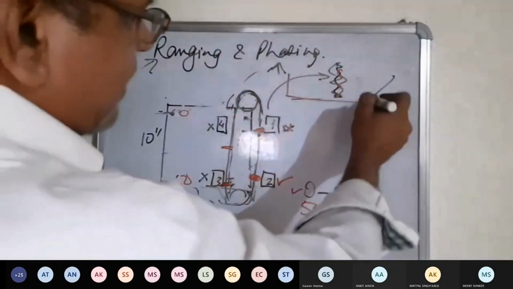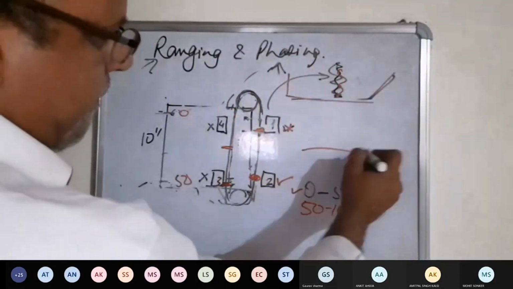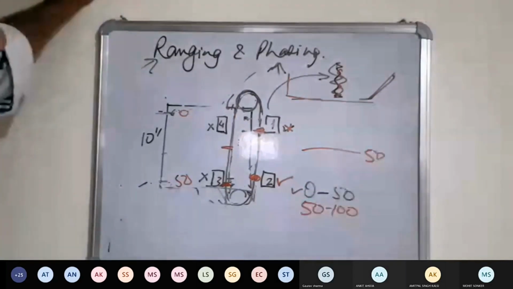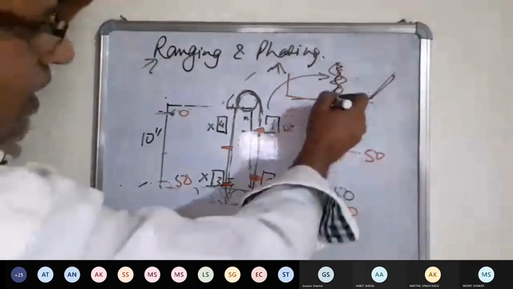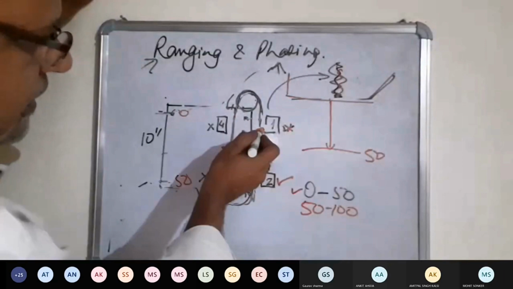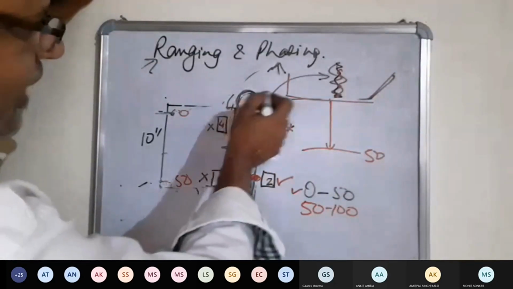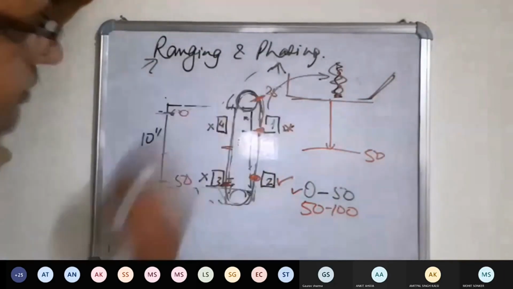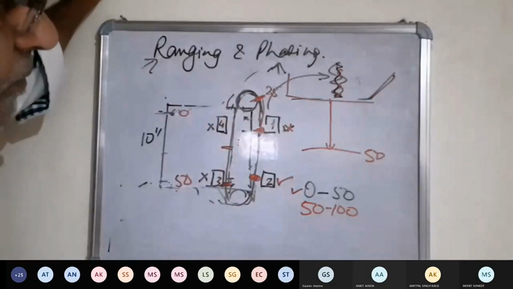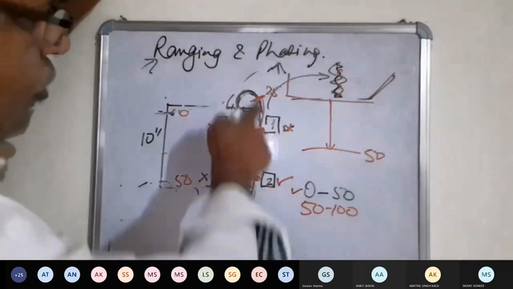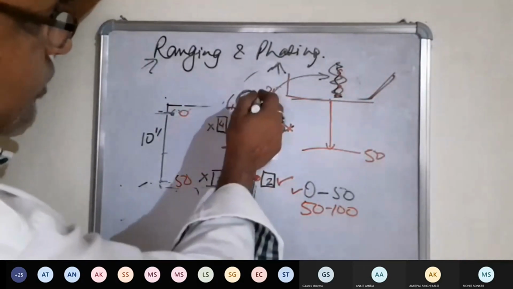Now suppose we are reading 50 meters only. So when the signal or the pulse goes 50 meters, this will move by 25 meters. The magnet will be here, the stylus would have reached here.